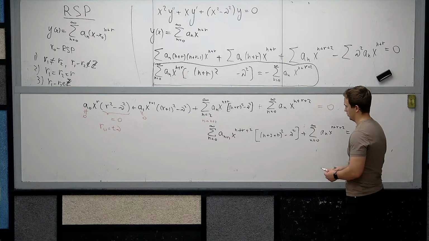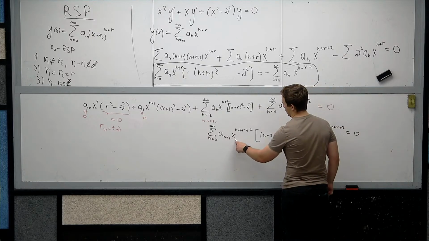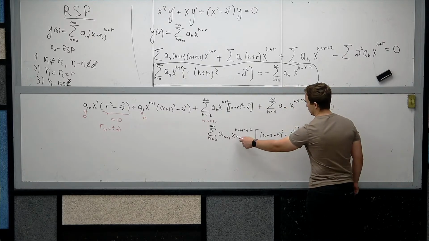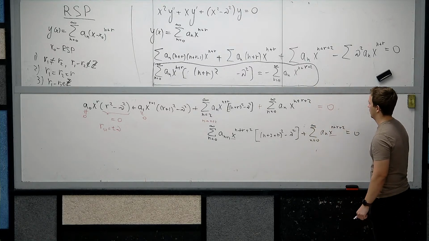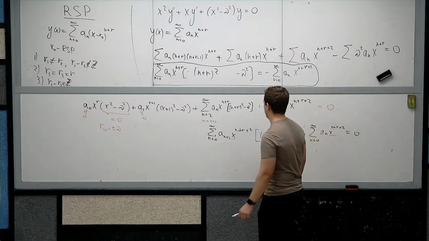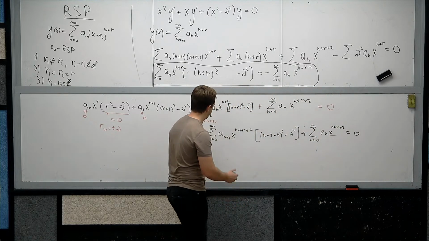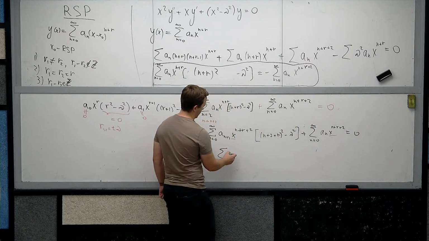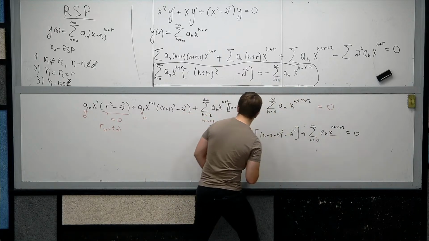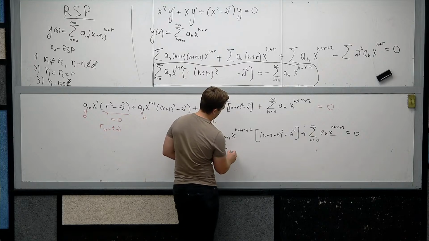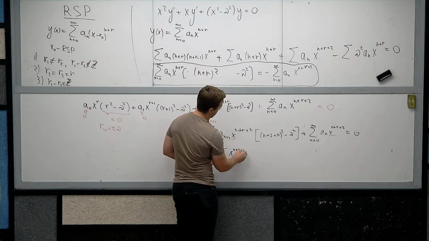Because now the power of this x and this x are the same, we can combine these two terms. So x to the n plus r plus 2.